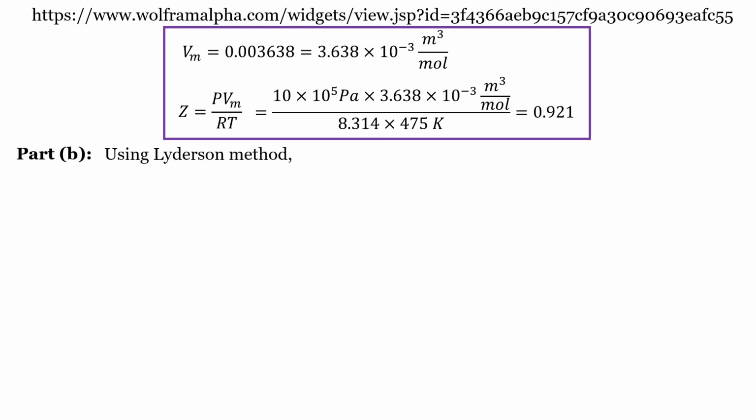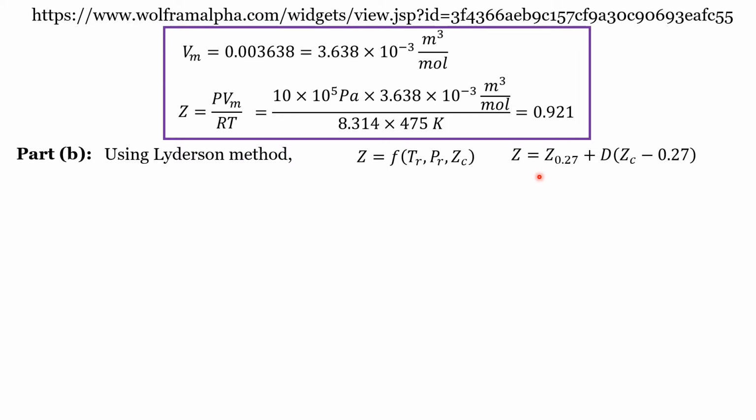Now in part B, we need to find the molar volume using the Lee-Kesler method. In the Lee-Kesler method, the compressibility factor is expressed as a function of reduced parameters as well as Zc, the critical compressibility factor. This is the formula. Using this we can find the compressibility factor.